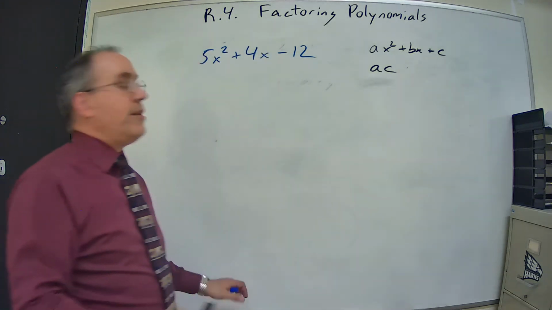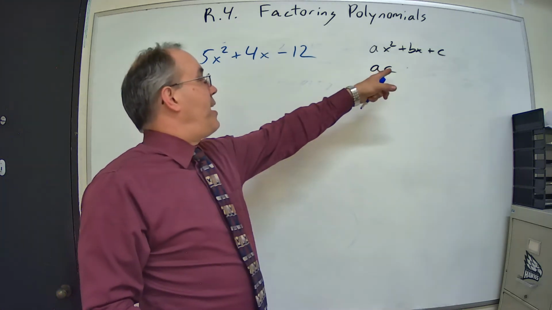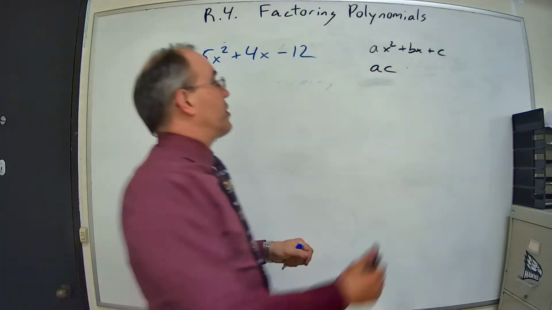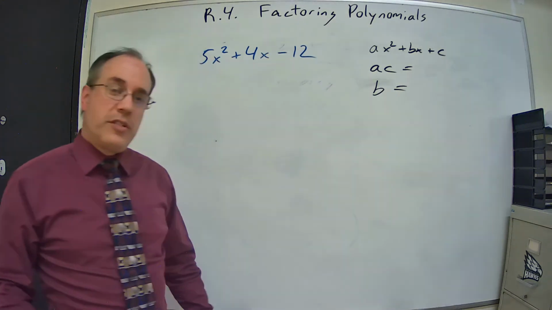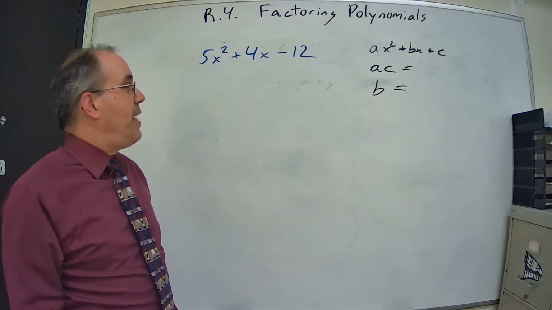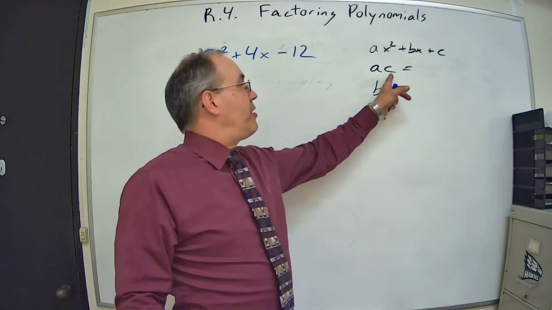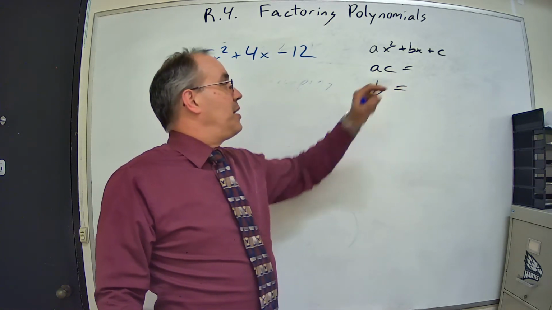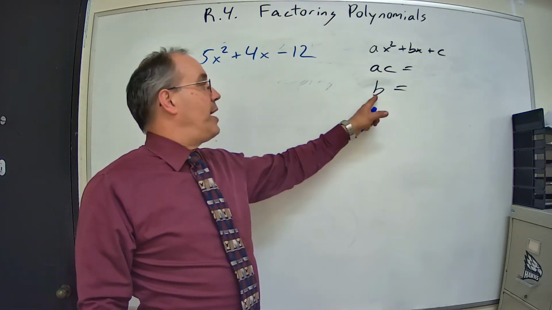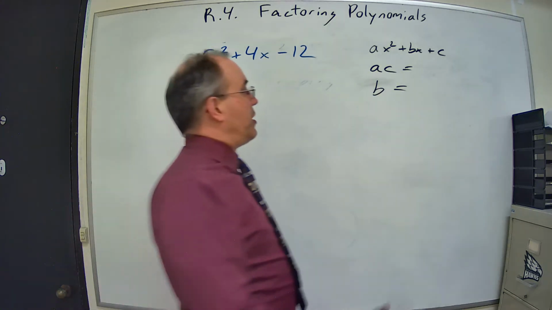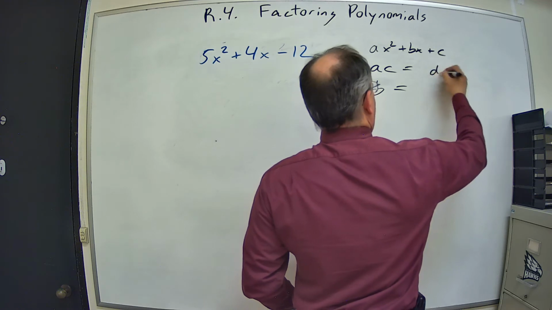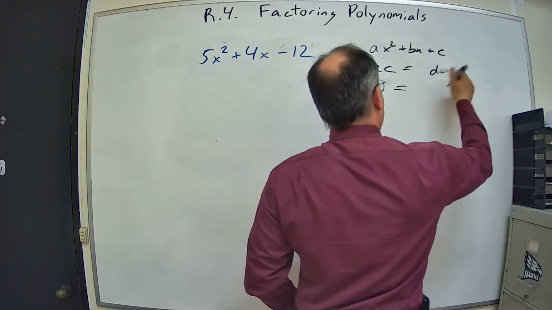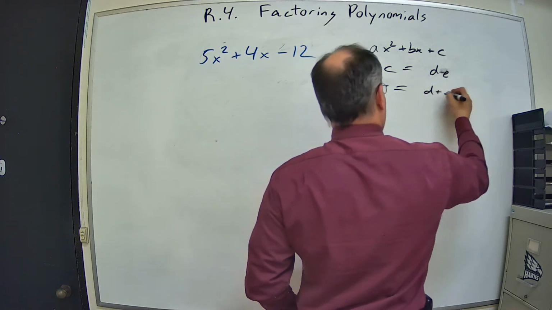We're going to take a times c and find out what that is. And then we're going to take b. And we're going to say, give me two numbers that when I multiply them together, give me a times c, and when I add them, give me b. So let's go for d times e, d plus e.